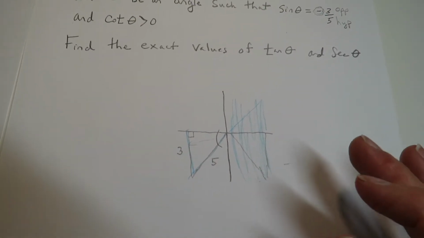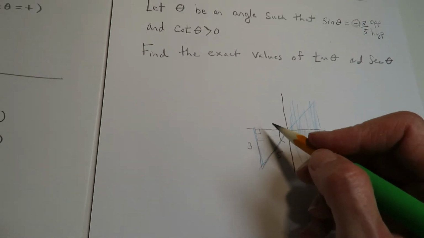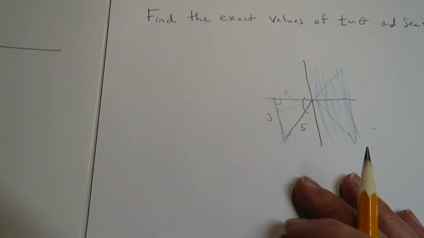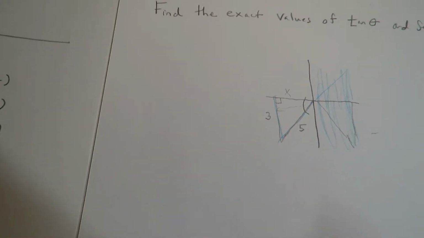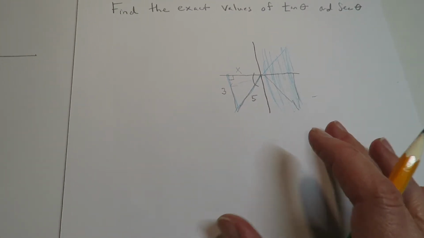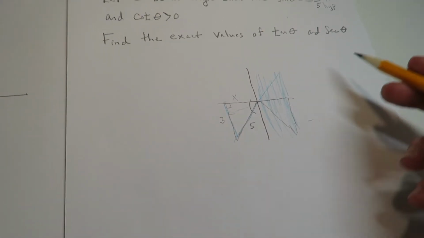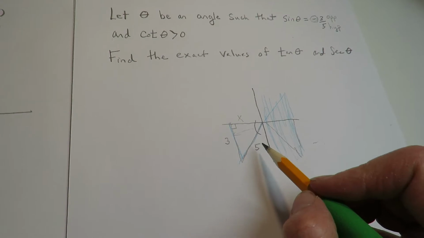Now, I gave you numbers that are easy, but if the numbers aren't easy, then to find the third side you would use the Pythagorean Theorem. Let me do it with you so that we're on the same page, because if on the test they give you numbers that are a little hard to calculate, you know how to do it. The trig function will give you two sides.